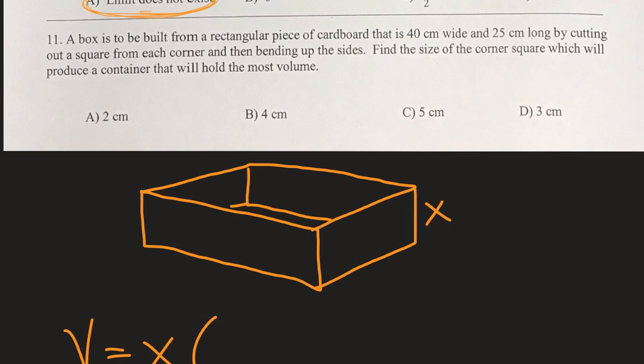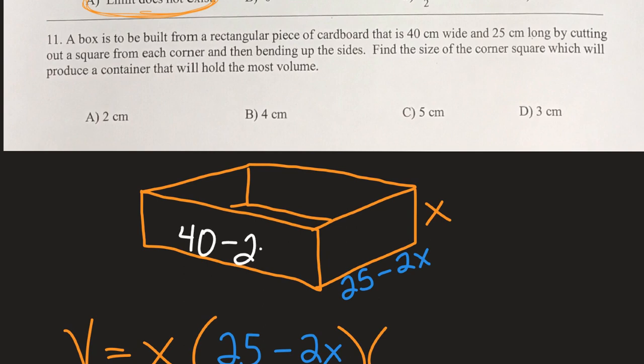The width here is going to be 25 minus 2x, because you're cutting off a corner from each side. And the length is going to be 40 minus 2x, because we're cutting off the same square from each end of our piece of cardboard.